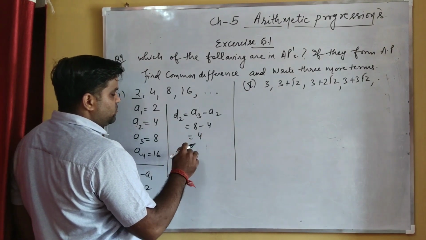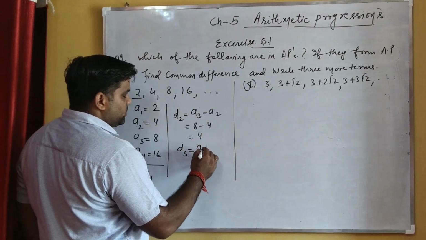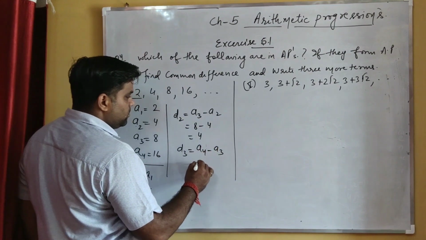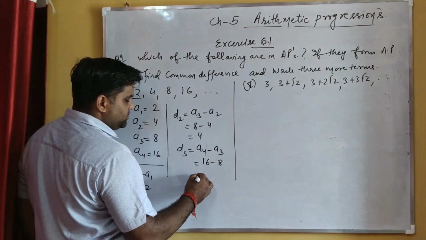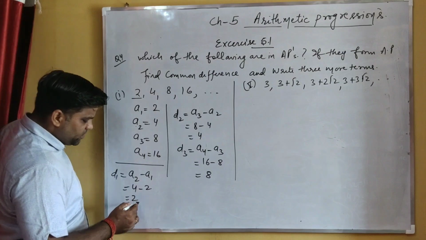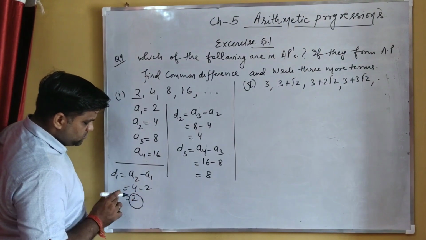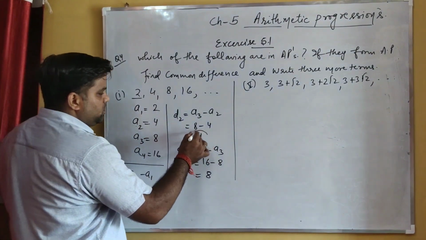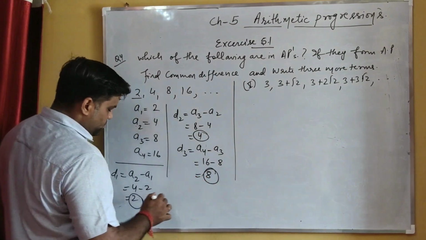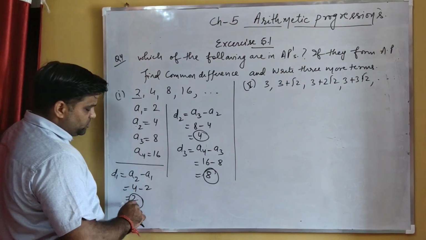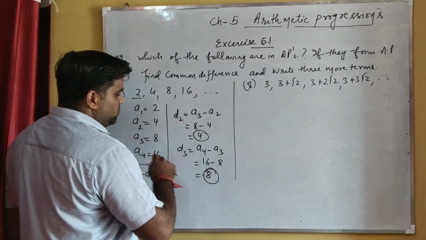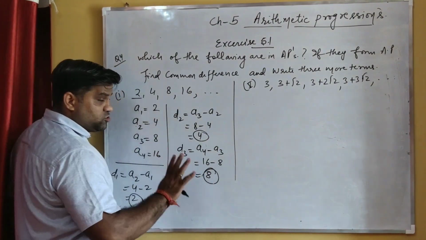Similarly d3, the common difference between the fourth term and third term, is 16 minus 8, which is 8. So here we can see that the common difference between the terms is not the same. The difference between 4 and 2 is 2, between 8 and 4 is 4, between 16 and 8 is 8. So it is not the same.